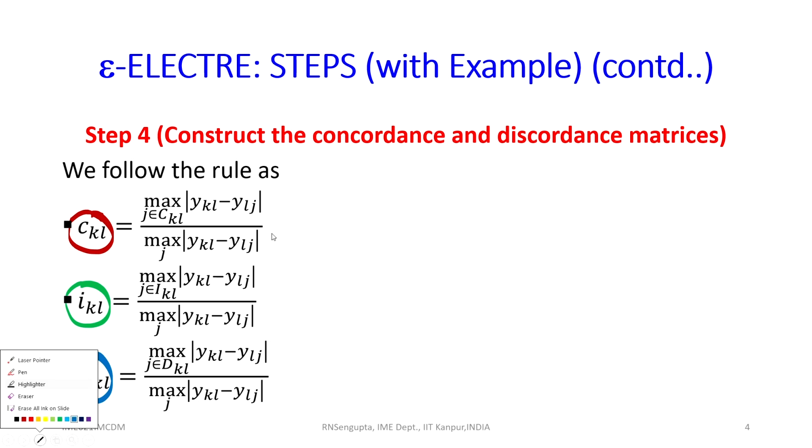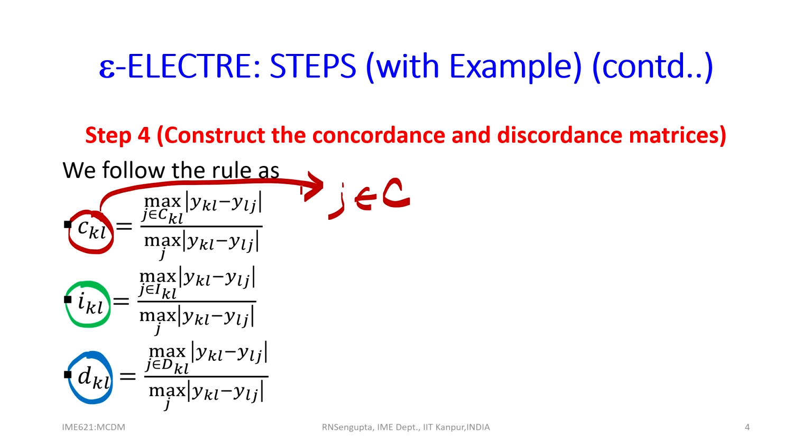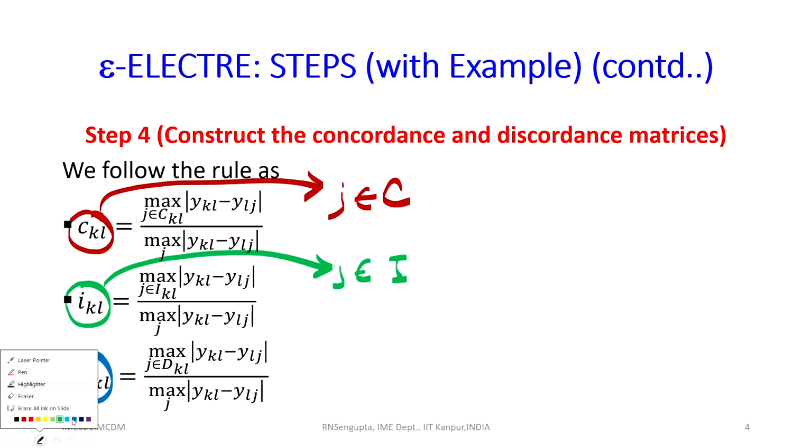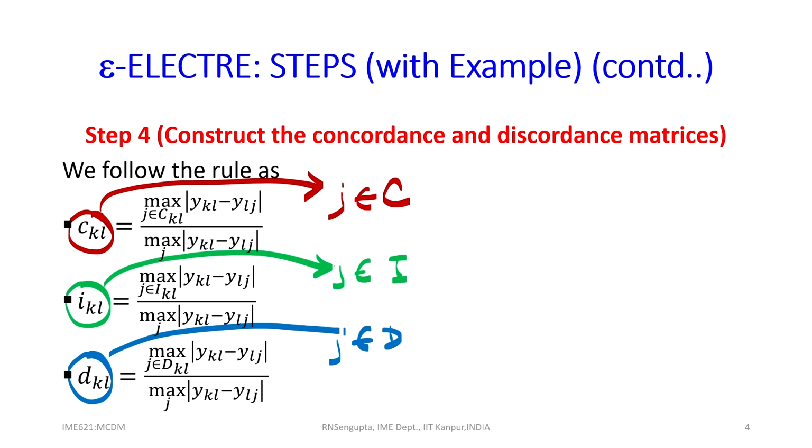Here J is an element of C, and this C is coming from the concordance concept. If I formulate the I, J is an element of I, the indifference. And finally, J is an element of D, D being the discordance.